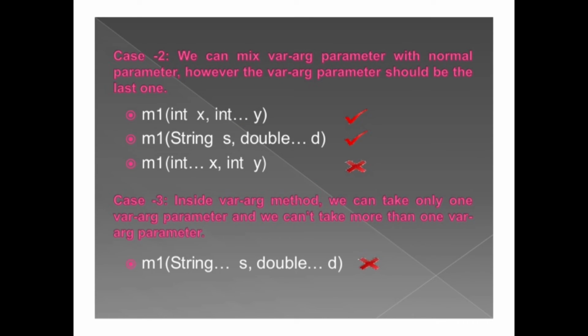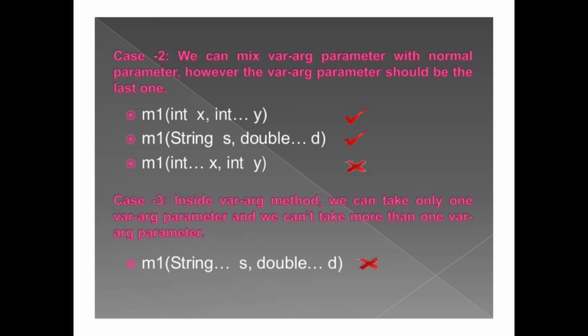In case 2, we can mix a variable argument parameter with normal parameters. However, the variable argument parameter should be the last one. Whatever is correct I am giving the tick mark, and the incorrect one is also shown with a wrong mark.